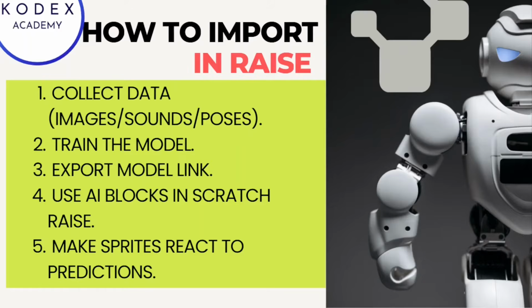Then afterwards, we will use AI blocks in Scratch, and according to that, whatever action you want from your sprite according to the different images, poses and sounds you have used to train your model, your sprite will work accordingly. So is it cool? Yes. It's very easy to use and the result is really amazing.